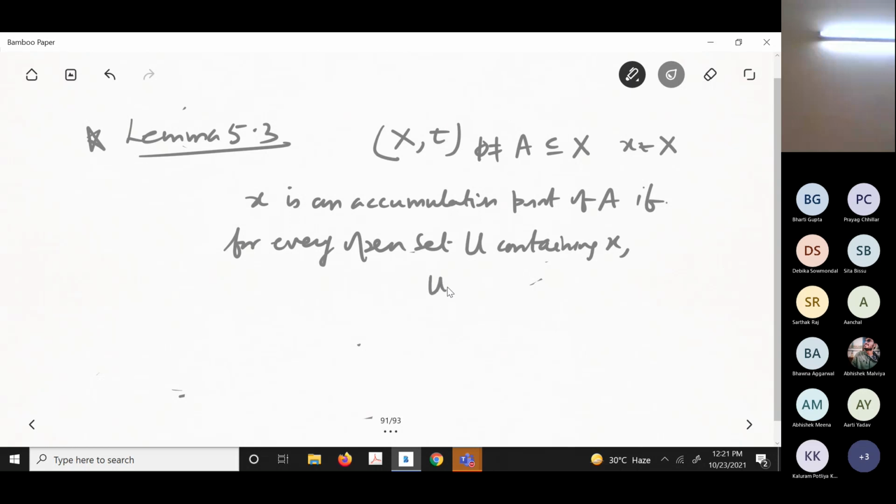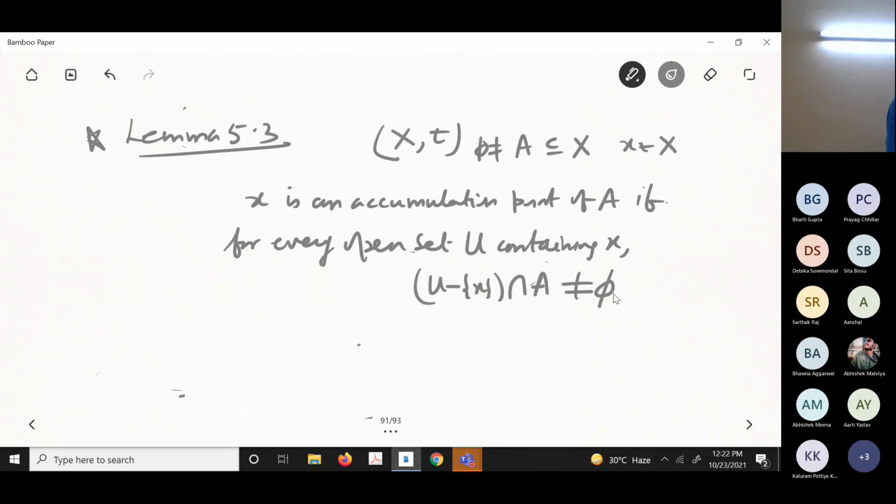That means U minus {x} intersection A is non-empty. That means intersection in points other than x. But look, in this definition, there is no guarantee it will intersect A in infinitely many points. I know only the intersection is non-empty. That means basically I am guaranteeing 1 point. Okay, I do not know whether the intersection will have more than 1 point.